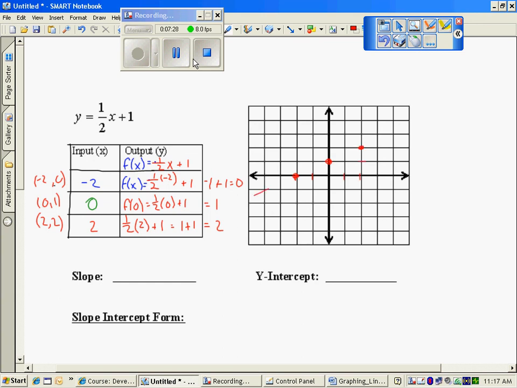Again, you can see that when I connect those dots, I get a linear equation or graph, and I'm looking for the slope. The slope is a rise over run. I'm rising 1, running 2, 1/2. Again, it matches that position. The y-intercept is located right here graphically. I can see that it's at 0, 1. Notice my y-intercept is 1.